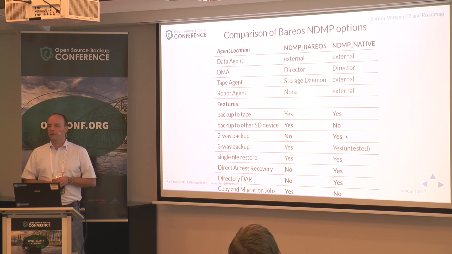If you directly connect your tape drives and your robots to your system, then the backup is really fast. Also, DAR and DDAR are now supported, so both work. And the disadvantage is that you are not able to do copy or migration jobs.